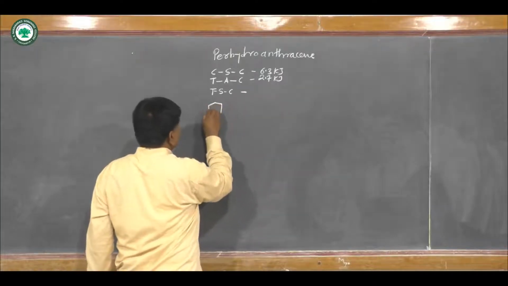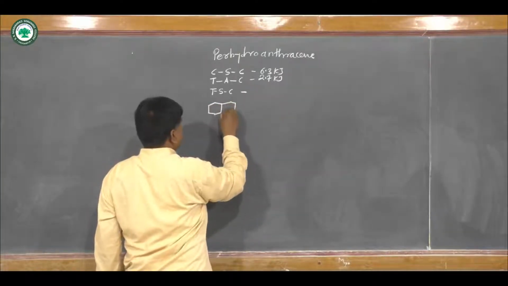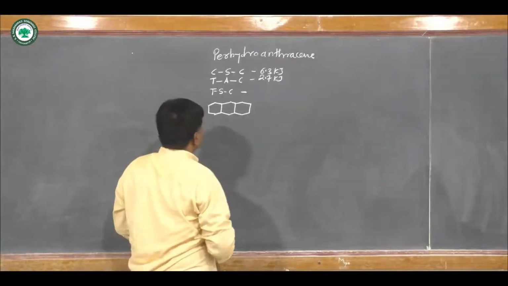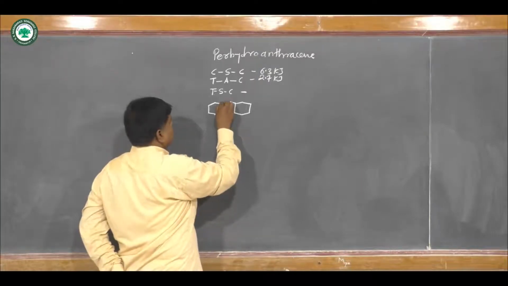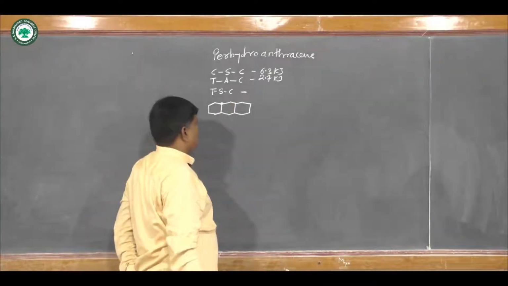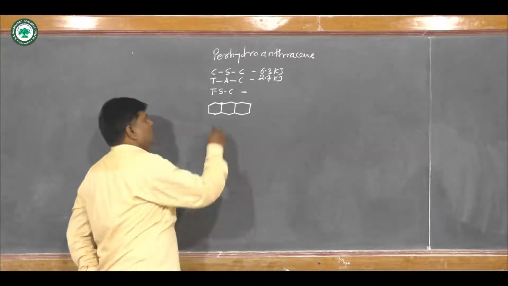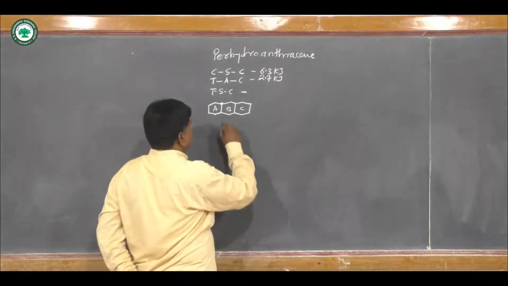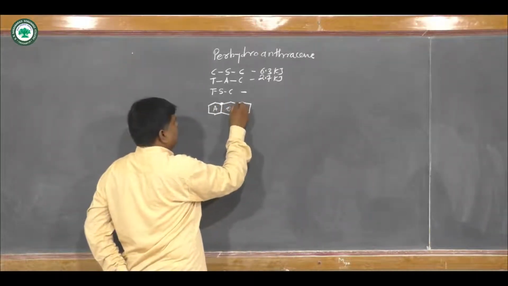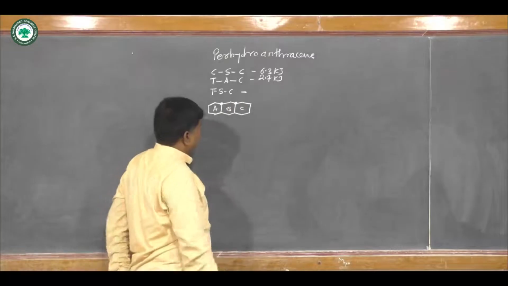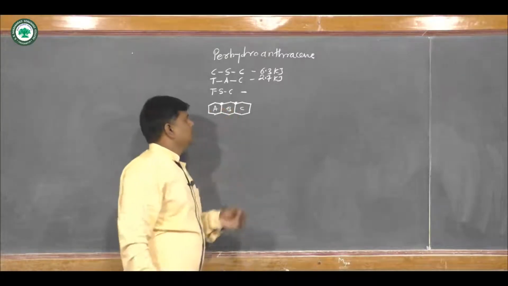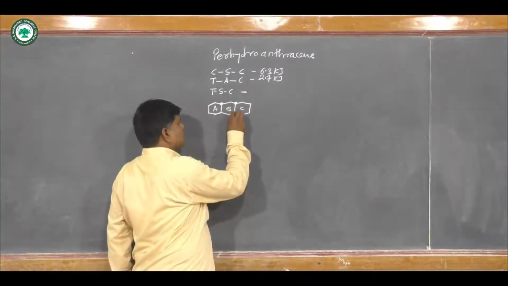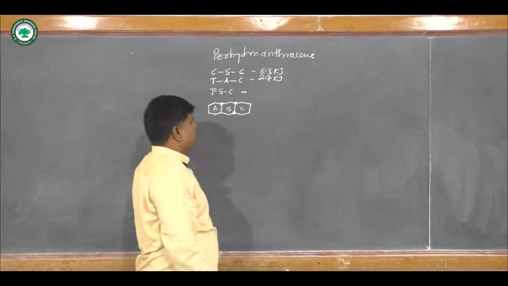Suppose we take a planar structure, and from that planar structure we are trying to convert it into the chair conformation. Suppose this is trans syn cis. When we write one dot at the junction of ring A and B, that is trans, and syn means here also one dot is required.